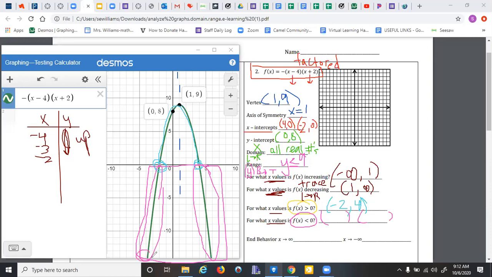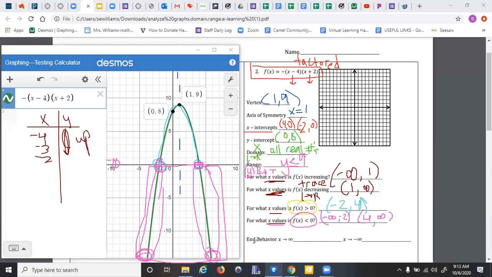What is my x value down here? Negative infinity. On the left side, when it's talking about x, it's going to be negative infinity. Then it stops right here, at -2. Now we're going to do this one over here. It starts at 4, and it goes to positive infinity. Good.